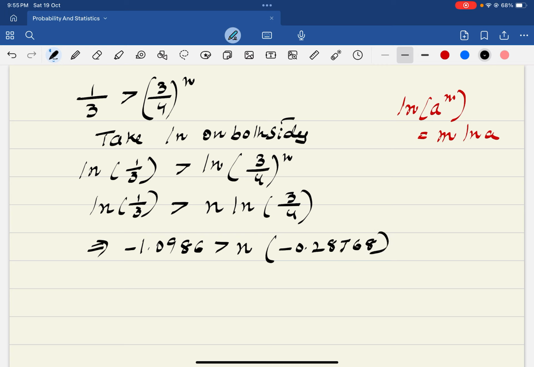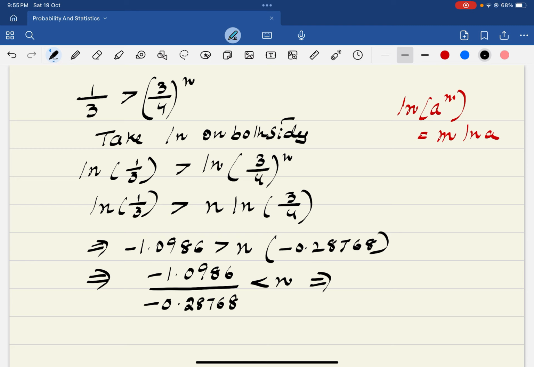Yes. So what does this give you now? It is minus 1.0986 over minus 0.28768, and it will be less than n, because the inequality flips on the other side, right? So what does it imply? 3.8 is less than n, or n is greater than 3.8.